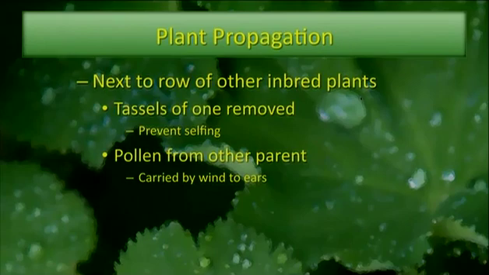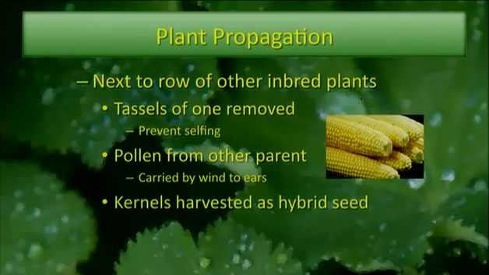Pollination happens first, which is the transfer of pollen from a male structure to a female structure. Then fertilization happens. The mature ears are collected and sold to farmers for hybrid seeds. So the kernels are used as hybrid seeds for the next growing season.